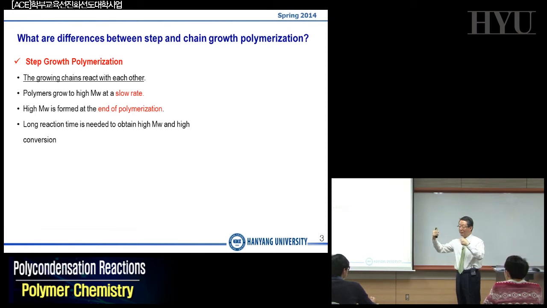So you have a growing chain of your polymer, but you have many growing chains because you add the catalyst into the reaction medium. So growing chains react with each other and increase your molecular weight.